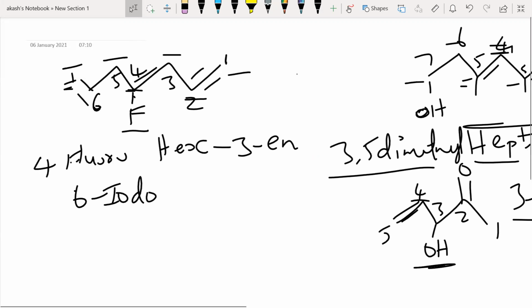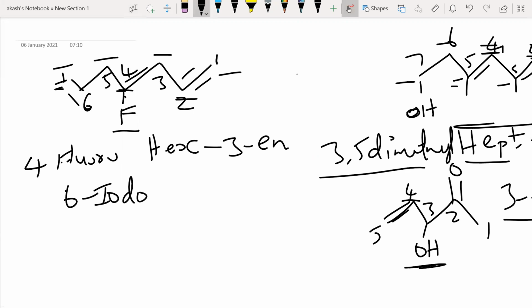In this question, you ask me why I gave priority to the double bond, triple bond? Because they only have higher priority compared to halogens. But after halogens, you have OH or ketone or an aldehyde or an acid, and definitely those have more priority than double bond, triple bond. If you are not going to know the priority order, these small doubts will always come.